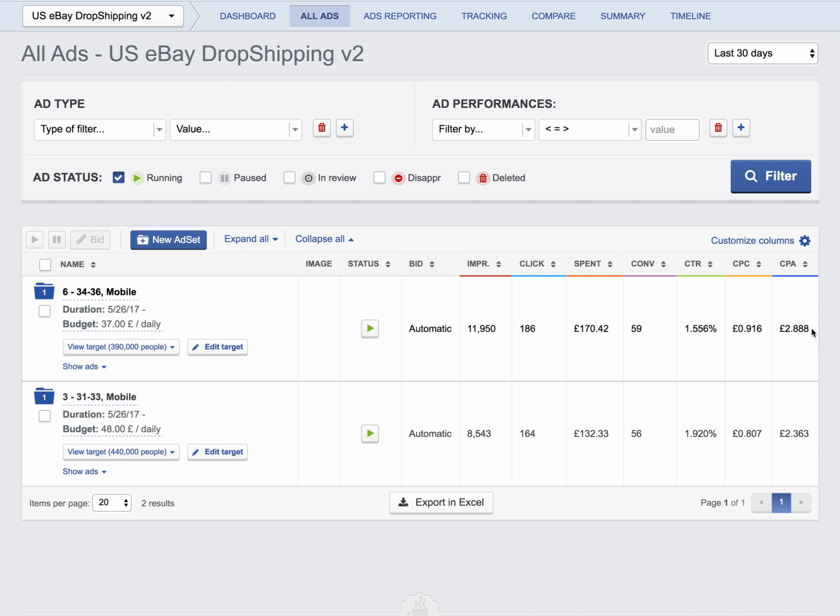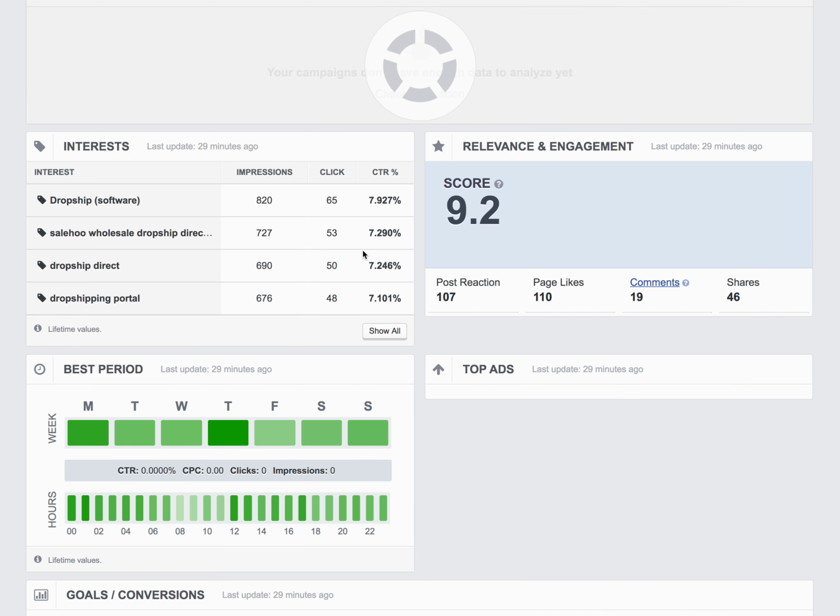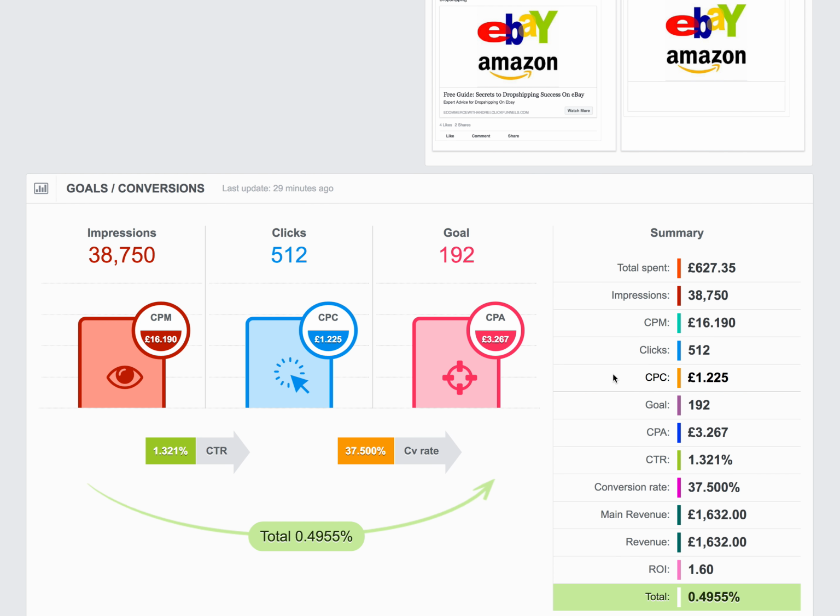Now our cost per conversion is a little high on these. Overall, we've been able to get under 2 British pounds. So this has kind of crept up over the past week or so. But at the moment, it's not too much of a concern because I know that we're still getting a positive ROI, which, let's see what we're getting here, and we'll use this really easy to use graph.